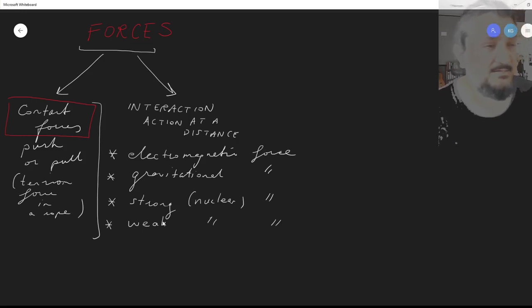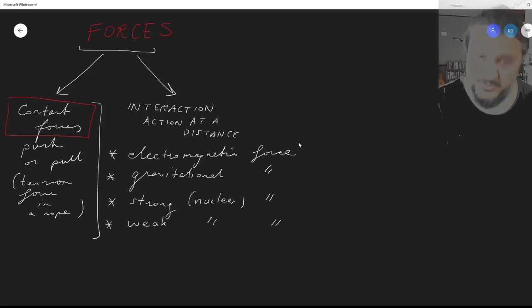Turns out that on a large scale, like planet Earth or stars, you have an equal number of positive and negative charges. So overall, those forces are balanced, okay? So it's only gravity that is responsible for those large-scale interactions.